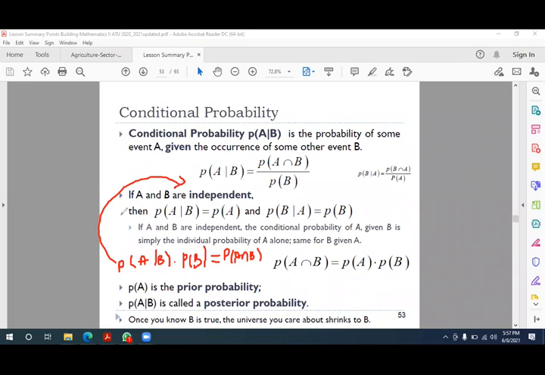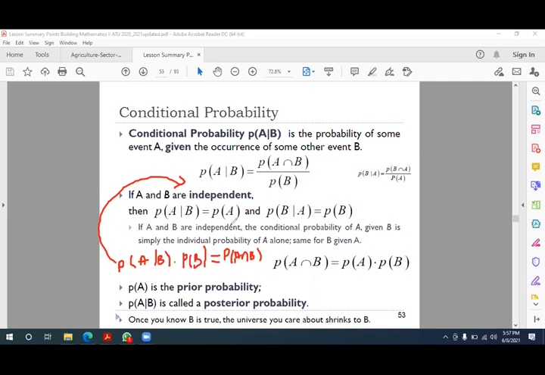And you are being asked to find the probability of A, Abraham, that Abraham will pass the exams, given that Ben has passed the exams. Clearly we know that Abraham's performance in exams does not depend on Ben's performance, because they are two independent people, and they are writing it independent of each other.